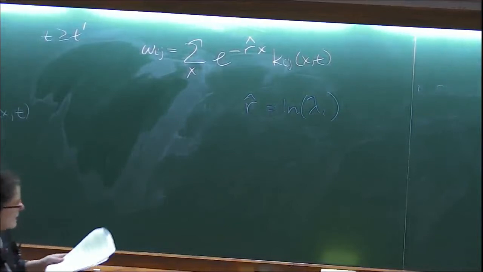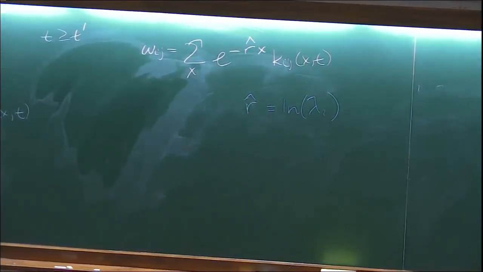I put it in this way because this is the notation that's generally used, where they use the log of the eigenvalue. All right, so the question is, how does allele frequency change?